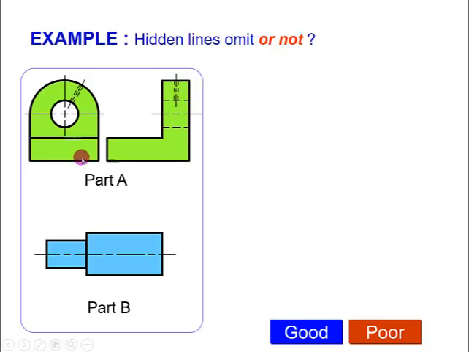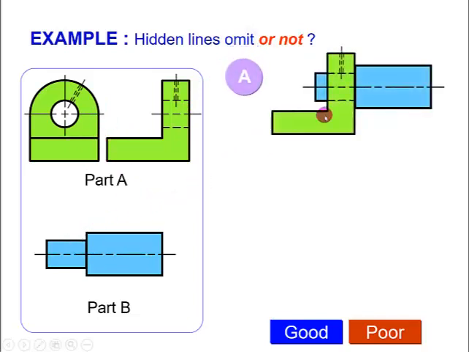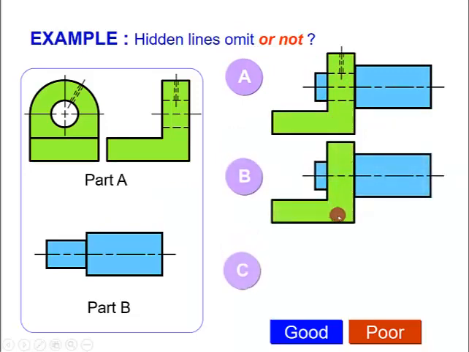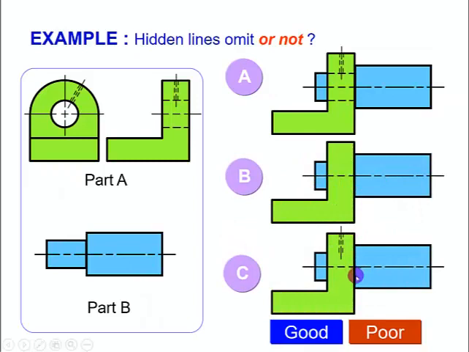For example, you have part A and part B. If you put it together, we go like this, A, B, C, or D. So for A, it's a very good, very perfect one. That's clear.